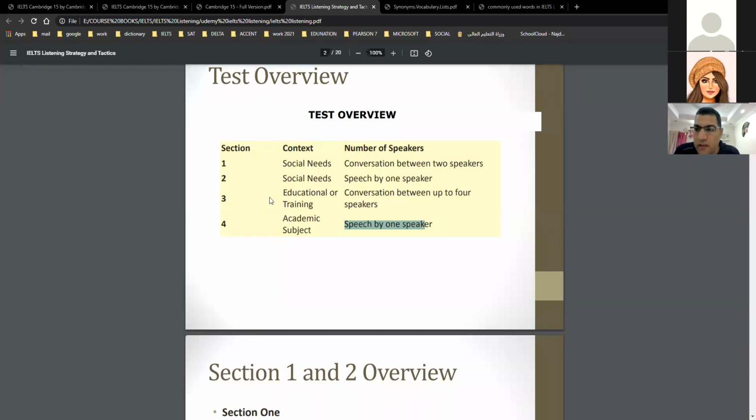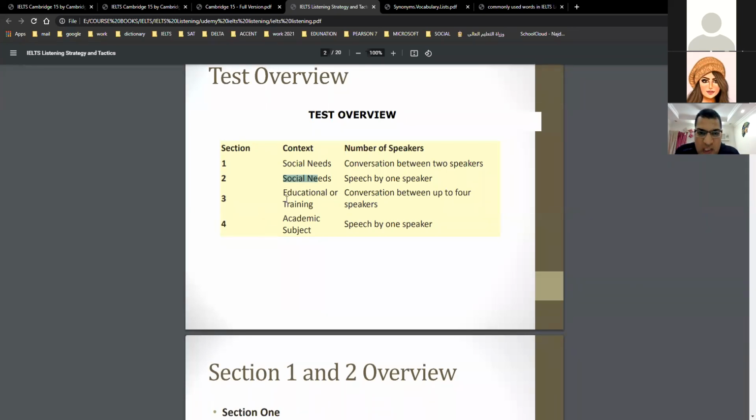Section 1. How many speakers are there? Yes, absolutely right. We have 2 speakers in section 1. Section 2. How many speakers? Yes, perfect. 1 speaker.